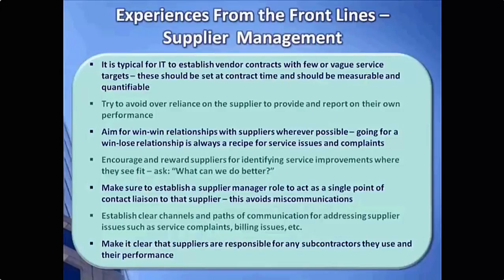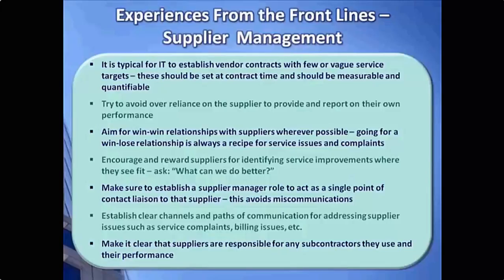As you work with your suppliers, the best way is to aim for a win-win relationship. I call it the win-lose relationship when IT organizations like to beat up on suppliers, try to bring them in at the lowest cost, get the most out of them. If you do this, a lot of times the quality of what you get typically is very poor.